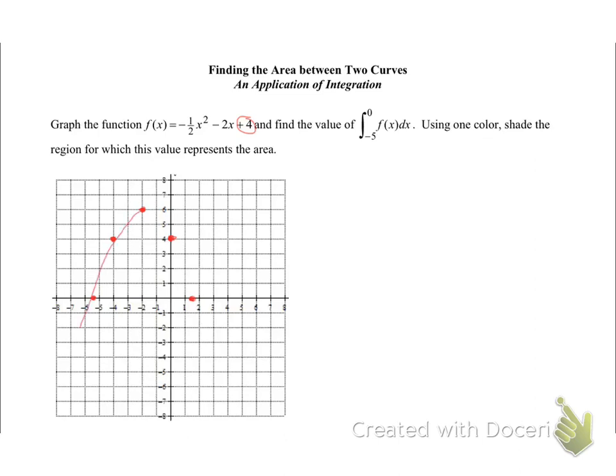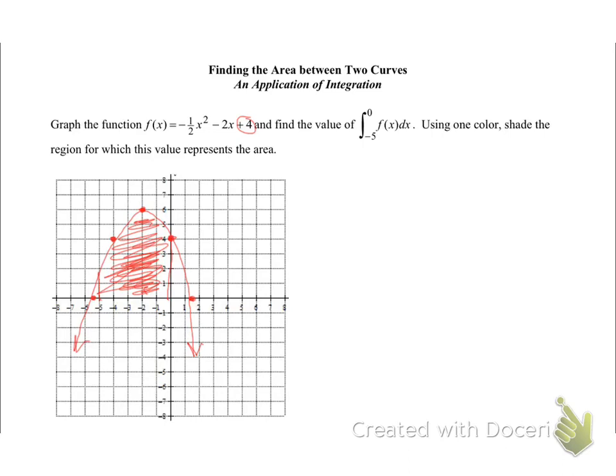Okay, so it looks like that. It says using one color, shade the region for which this value represents the area. So we're looking from negative 5 to 0. Okay, so we're looking from here to here, and so we look at this area.